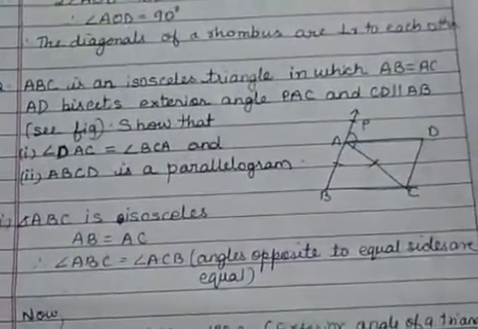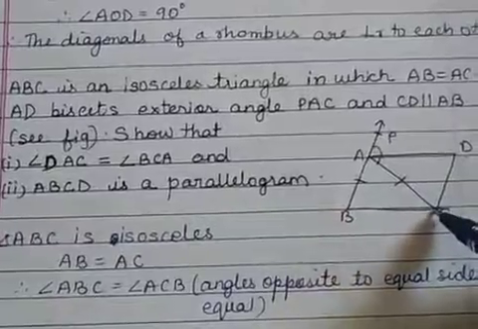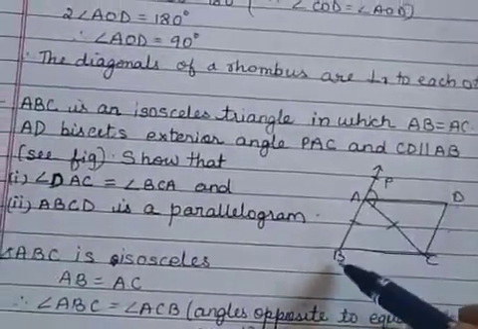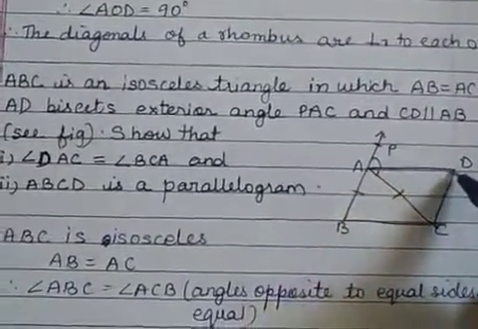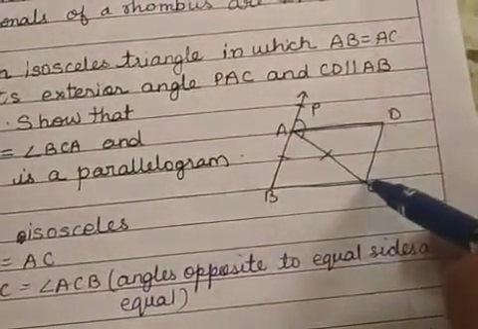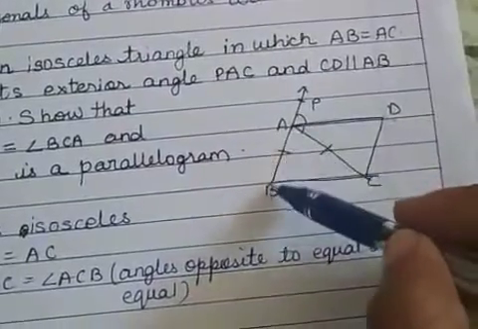Now let us see the second example. ABC is an isosceles triangle in which AB is equal to AC. Now AD bisects exterior angle PAC and CD is parallel to AB.